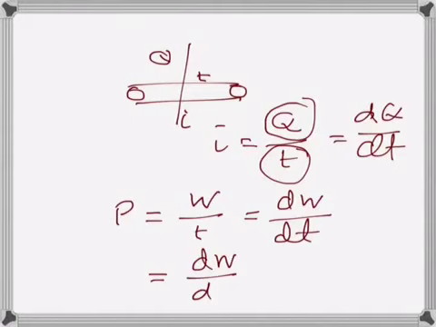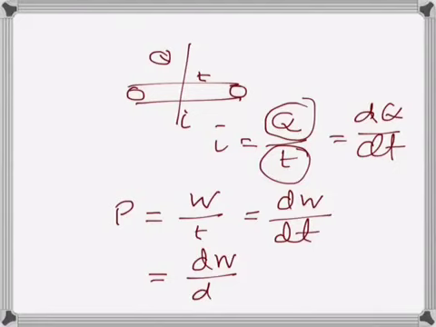I will bring in charge here because I want to describe power in terms of electrical energy, because power can be mechanical energy, sound energy, light energy, but here we are talking about electrical energy, so I will write it in terms of electrical charge.